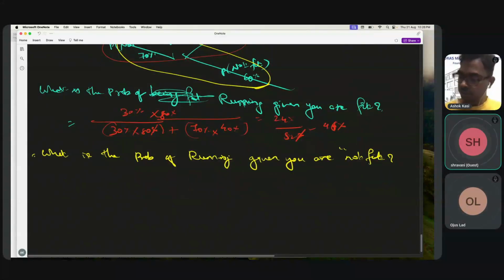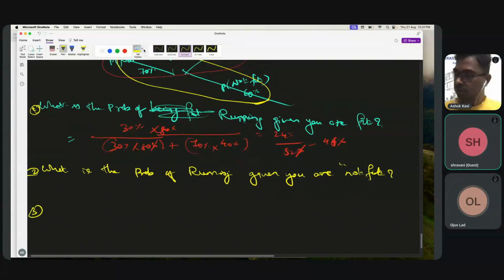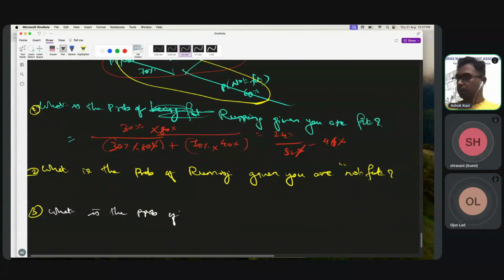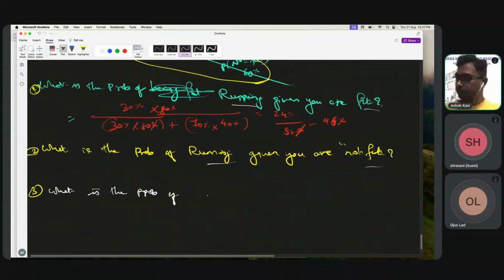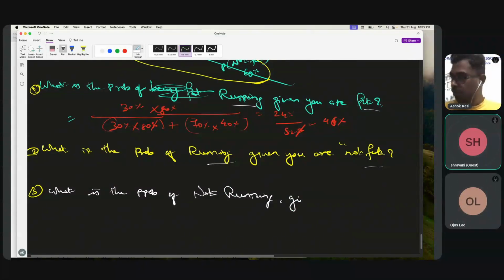Then the third question: what is the probability of not running given you are fit?